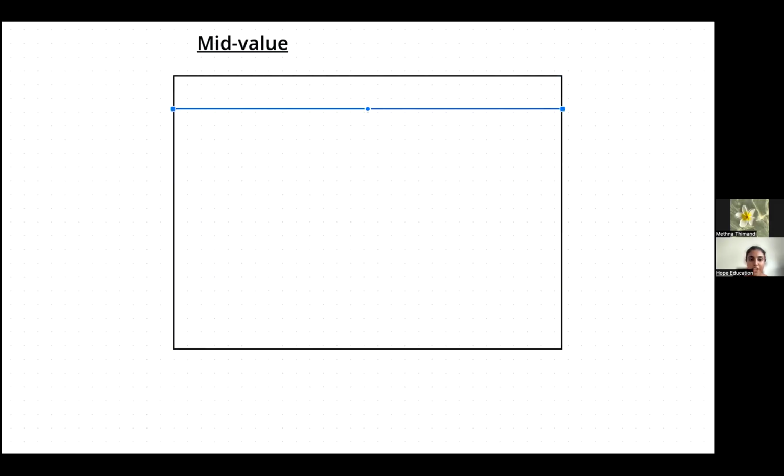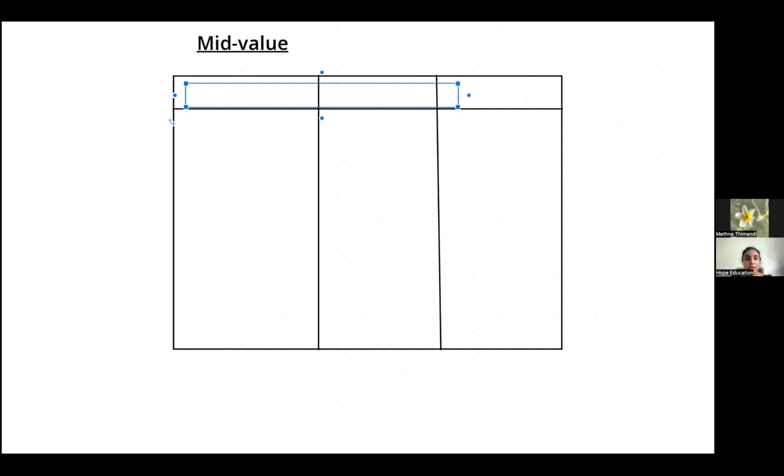So I will redraw the same table. I will quickly draw that. මේ first column එකේ තමයි class interval එක. Right? Then මම මැදට දානවා mid value කියලා column එකක්. Then lastly frequency. Class interval, mid value, frequency. හරි දැන් class intervals ටික ලියාගෙන යමු.